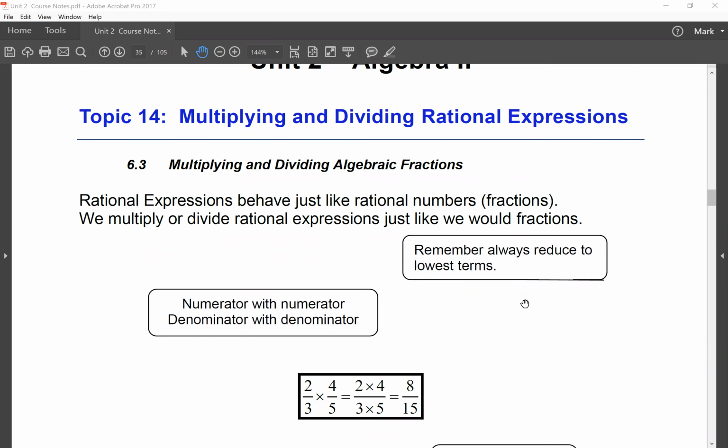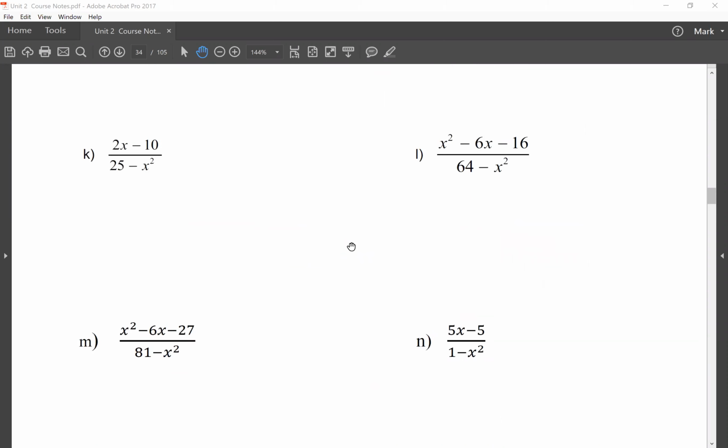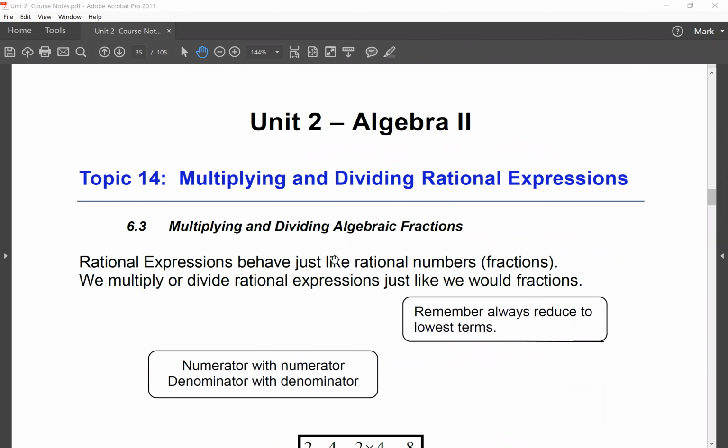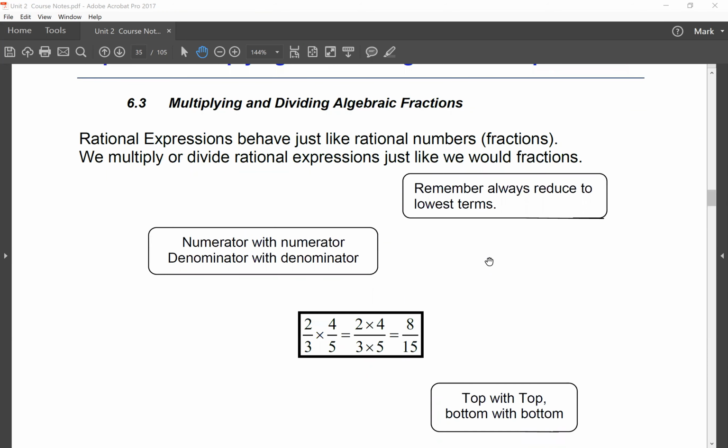This is for multiplying and dividing rational expressions, which is basically what we were just doing. Right here, we're dividing rational expressions. When you're looking at this, first you multiply or divide them like you would any fraction. Just like you did in junior high or high school math, if you multiply fractions, you multiply the tops, you multiply the bottoms.